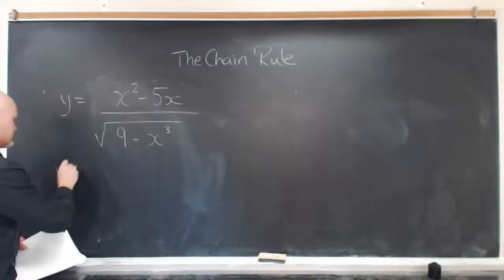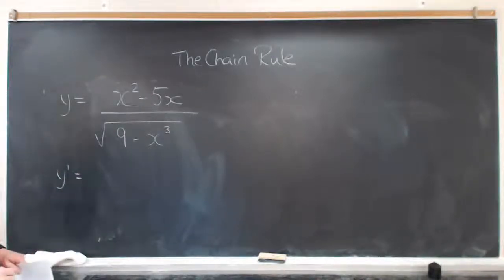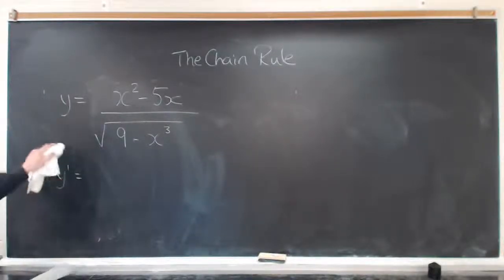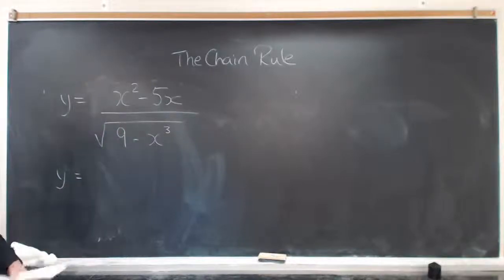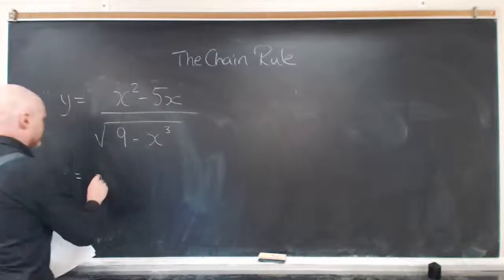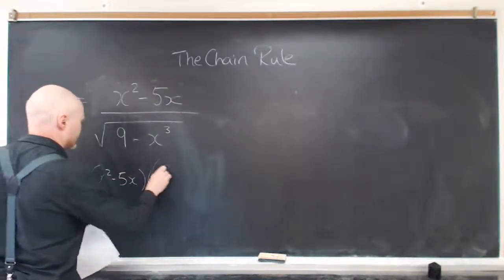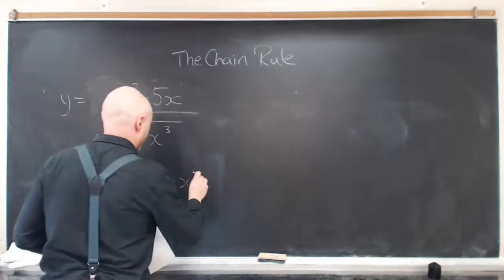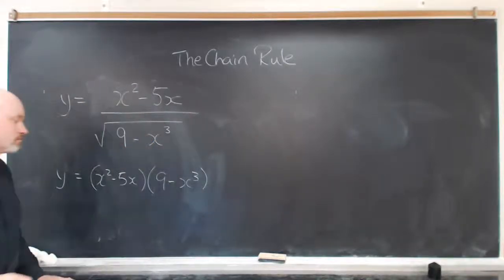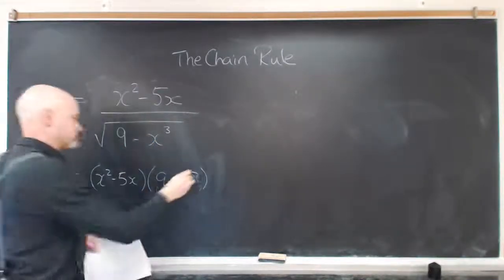So that's actually, no, don't go writing y prime yet. That's x squared minus 5x times 9 minus x cubed to the exponent negative 1/2.